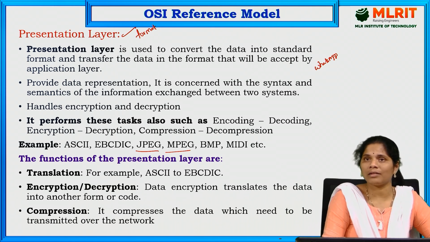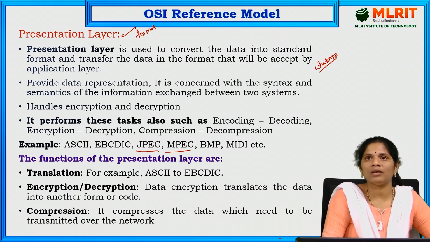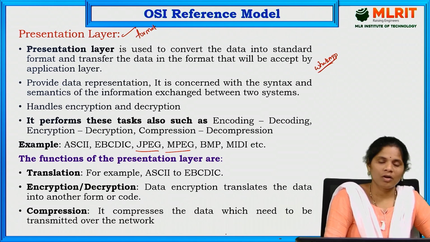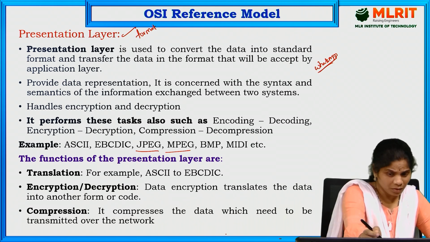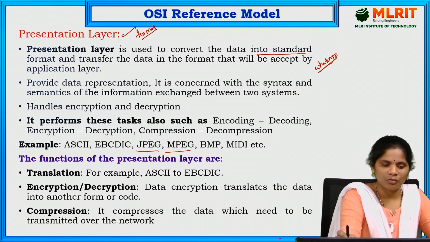First you have to select the application, the WhatsApp application, then the presentation. If you want to send the data, in which format do you want to send it? That may be a text file, an emoji, a smiley, anything you want to select. First you have to select how you are going to present the data. That is nothing but format, meaning converting the data into a standard format.